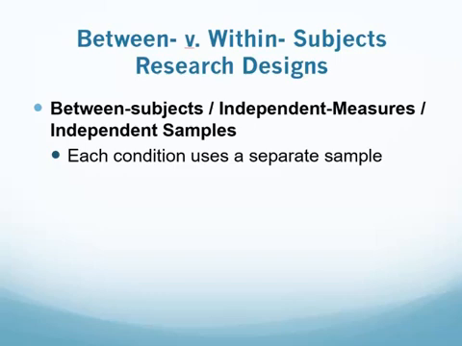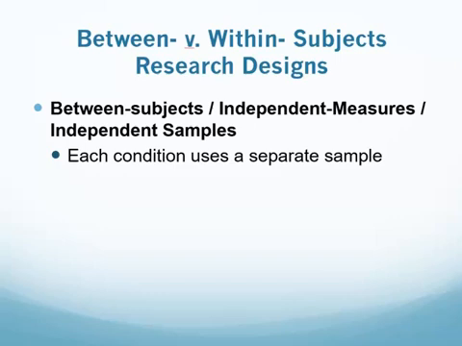So in a between subjects design, and I want to stop here for a second. Note here, it says between subjects, independent measures, independent samples. This is one of those times in psychology where we use three different terms, and they all mean the same thing.